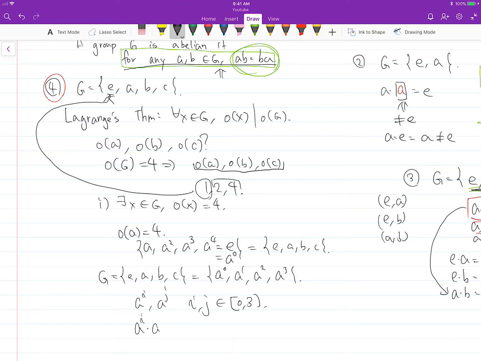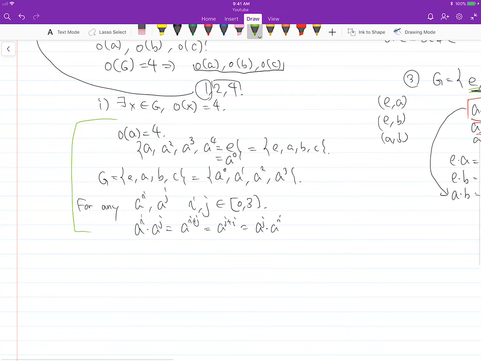But A^i times A^j is A^(i+j), which is A^(j+i), because when adding 2 integers, the order doesn't matter, so A^j times A^i. So for any pair of elements in G, the order of multiplication doesn't matter in this particular case. So we're done here. The second case is a little bit more complicated.